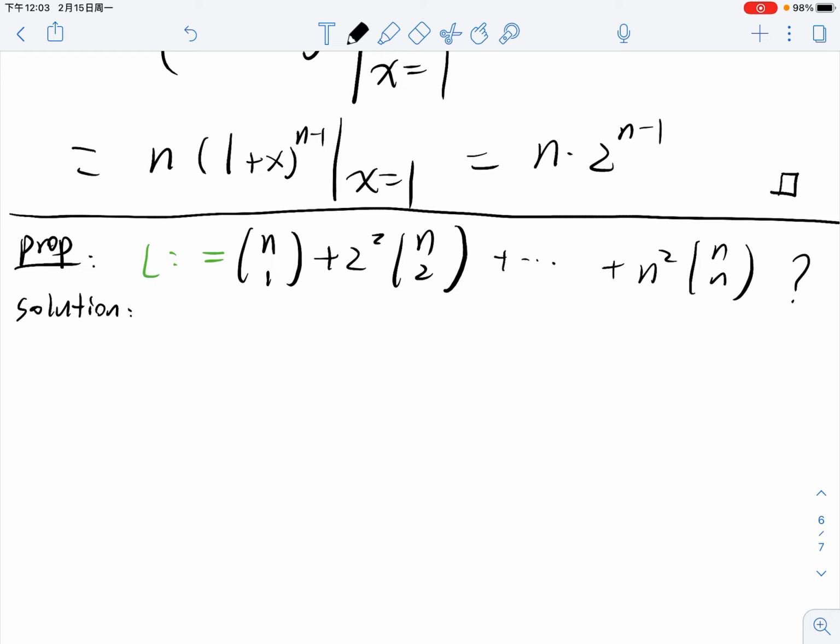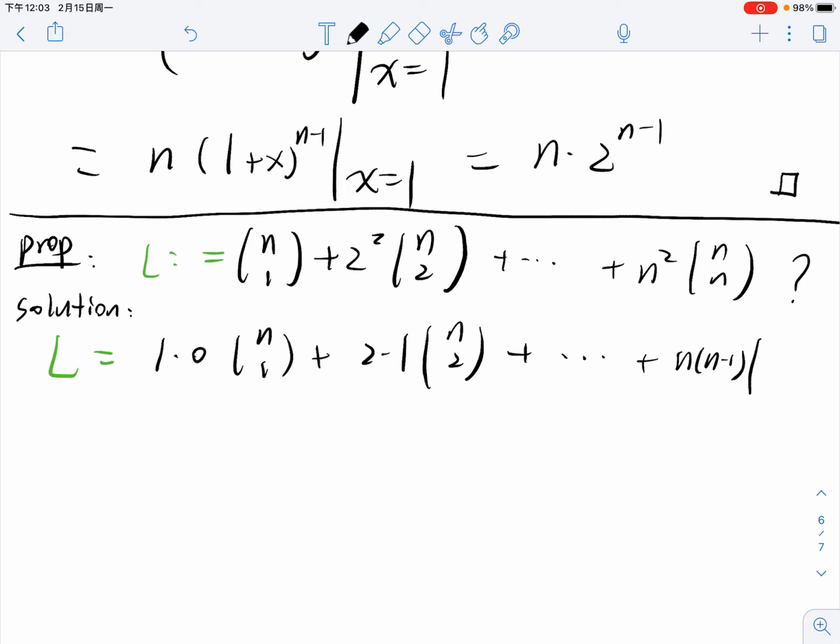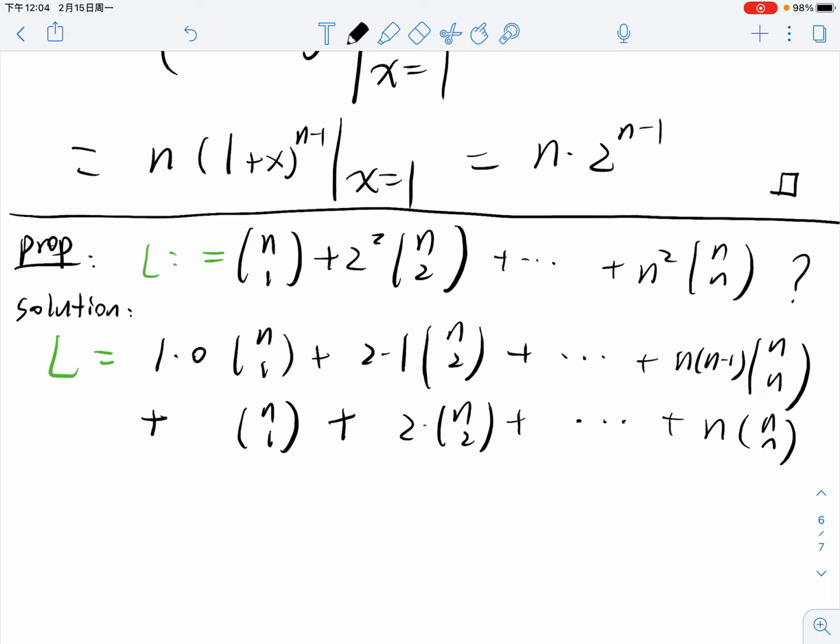So first, we rewrite L into the following form: 1 times 0 and choose 1 plus 2 times 1 and choose 2. The reason we do this is because we would like to apply the similar argument twice. And here, what we have is n choose 1 plus 2 times n choose 2 plus n times n choose n.